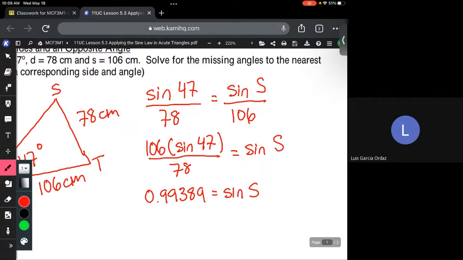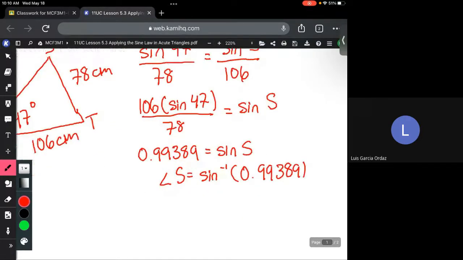So angle S is equal to sine inverse of 0.99389. And can someone tell me what that gets us to the nearest degree? 84. Do we agree? 84 degrees? So angle S is 84 degrees.